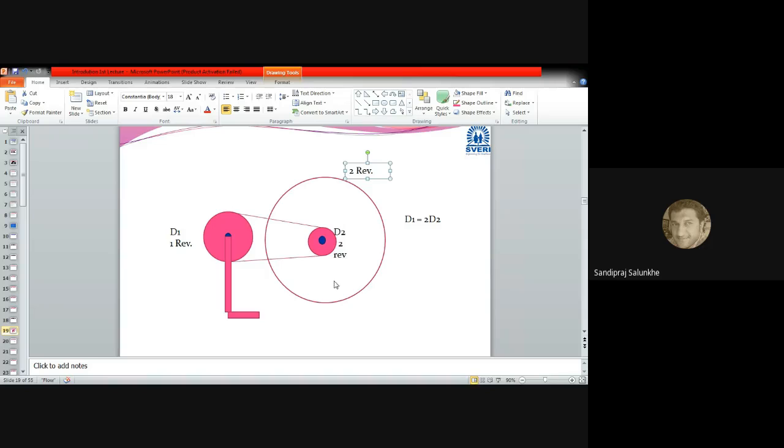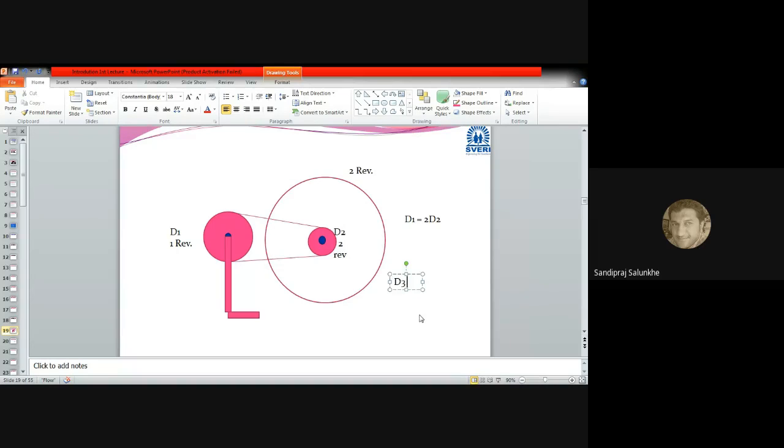Now, in this case, suppose this has diameter D1, it will move a linear distance equal to pi D1. It will move a linear distance equal to pi D2, whereas this one, suppose, has a diameter D3, which is very much higher than D1 and D2.